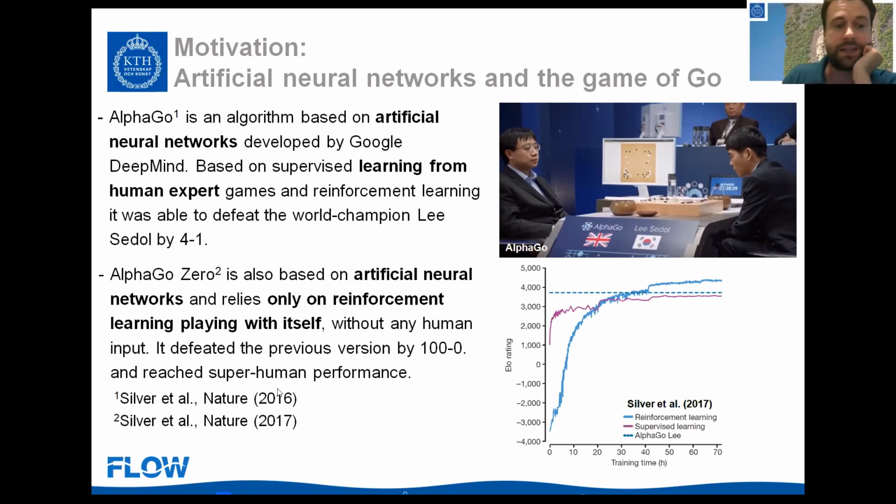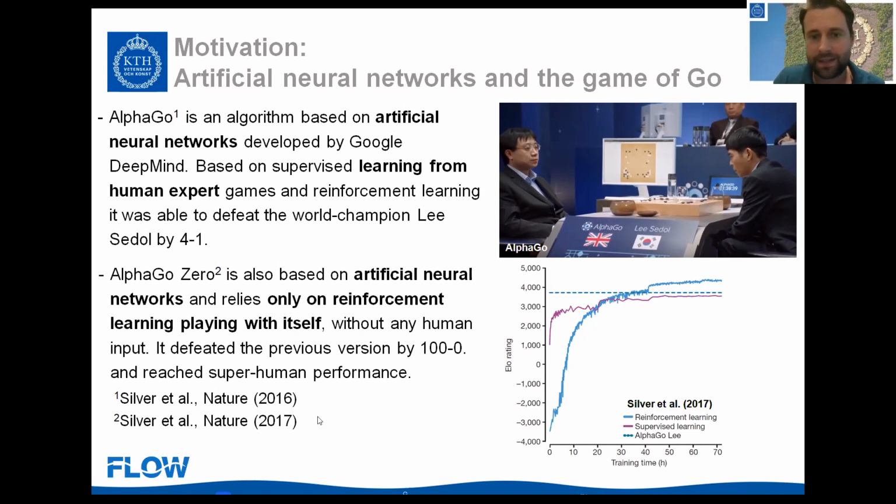This happened in 2016. And one year after, the same team, Silver and others, developed AlphaGo Zero. You probably also know that the particularity of this approach is that no human input was part of the training process. The algorithm played against itself, knowing only the rules of the game.